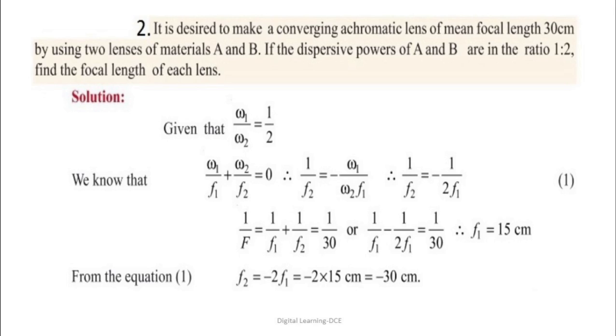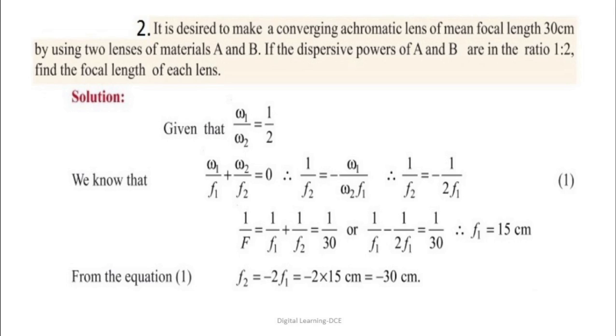Therefore, 1 by f2 is equal to minus 1 by 2 f1. Call that equation 1. 1 by f is equal to 1 by f1 plus 1 by f2 is equal to 1 by 30, or 1 by f1 minus 1 by 2 f1 is equal to 1 by 30.